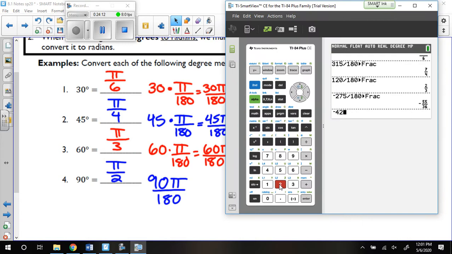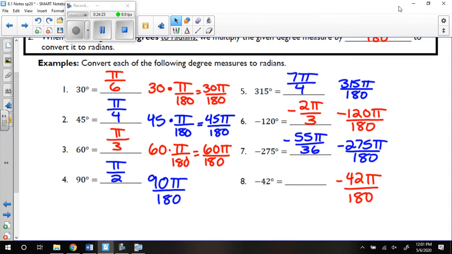And negative 42 over 180 reduces to negative 7 over 30. We've got negative 7 pi over 30. So that was converting from degrees to radians.